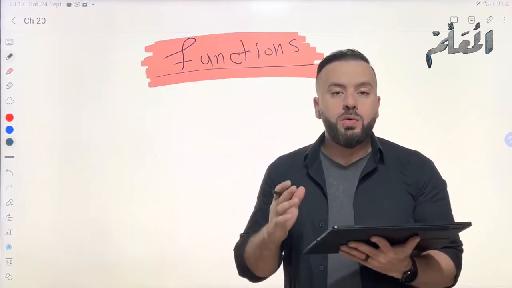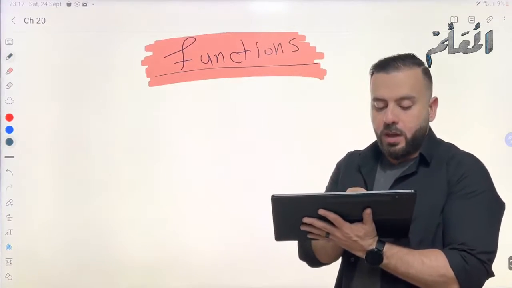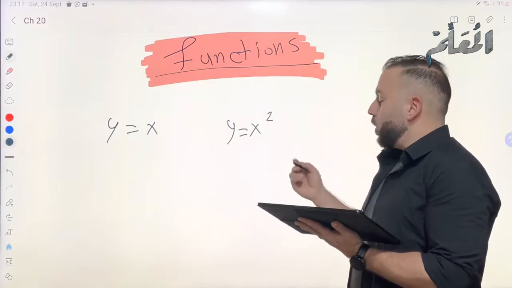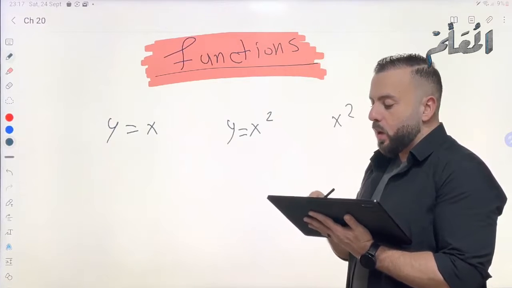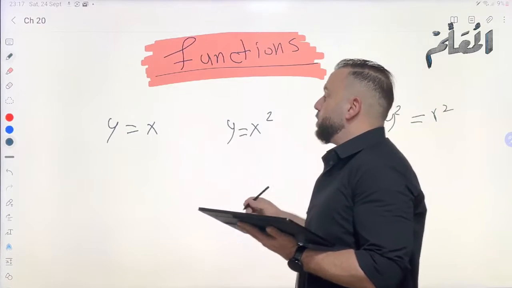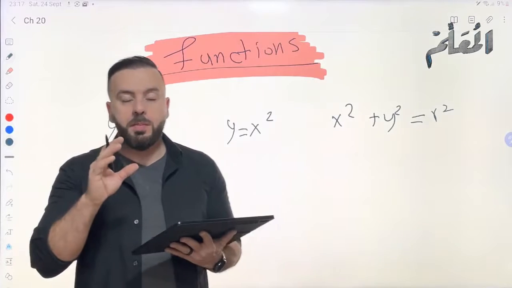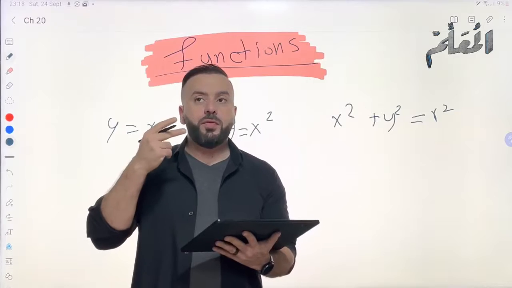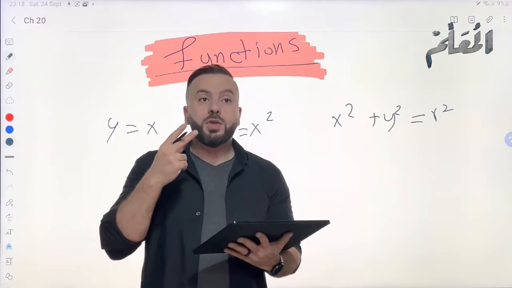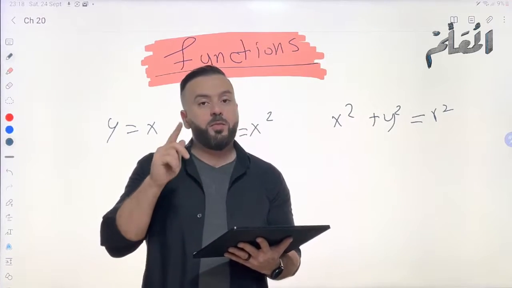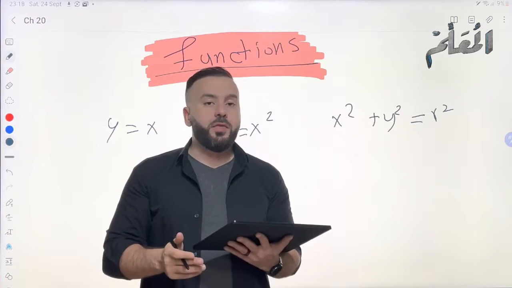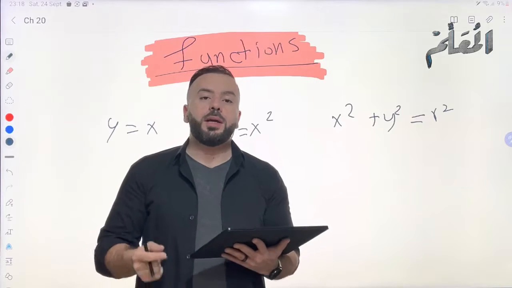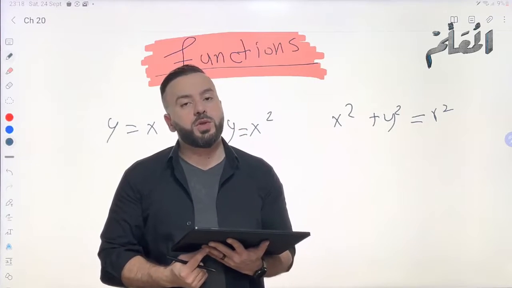The first thing you need to know is how to distinguish between functions and relations. Relations are, for example, y equal x, y equal x squared, x squared plus y squared equal r squared. First of all, remember, a function can be determined from a relation if the input x, like two different inputs, can give me the same y, this is accepted as a function, and one x gives me only one value, one domain, one range, this is accepted to be a function.